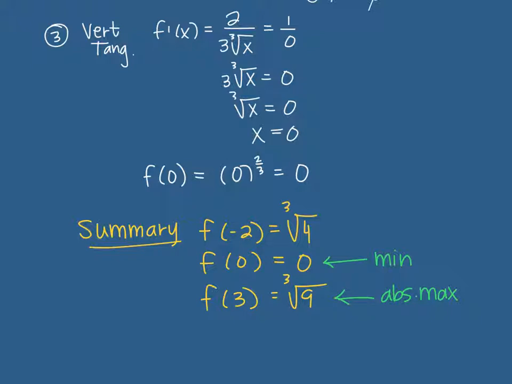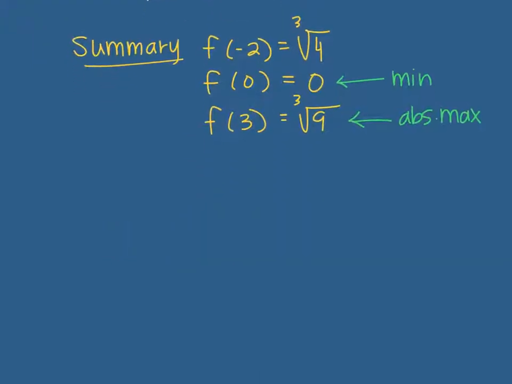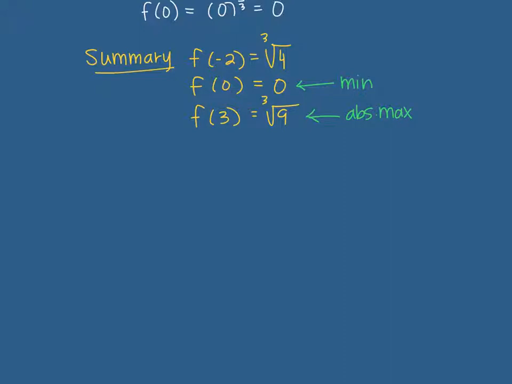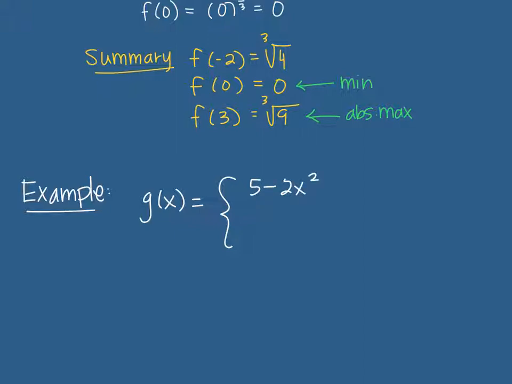Okay, this also works on piecewise functions. So if we wanted to find the critical points of g of x, which would be defined in a piecewise way, 5 minus 2x squared and x plus 2, where the domain splits at 1.